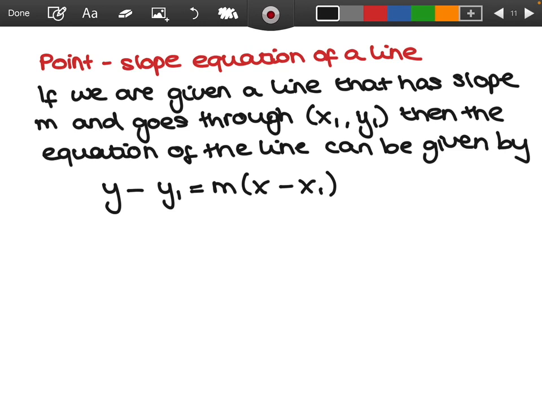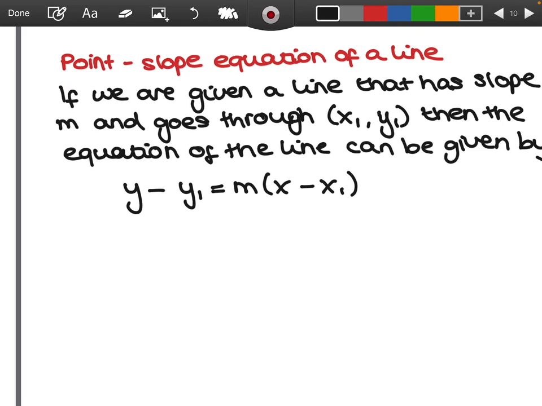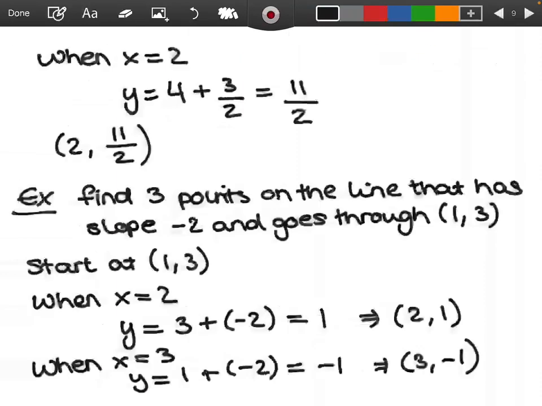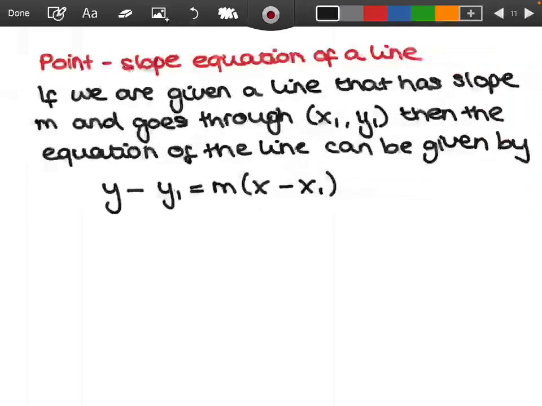So let's go back to the previous example that we had, where we had a line that had slope -2 and it passed through (1, 3). That's exactly what we had here. We found some other points that were on that line so that we could, if we wanted to, sketch out that line by plotting the points and joining them up.